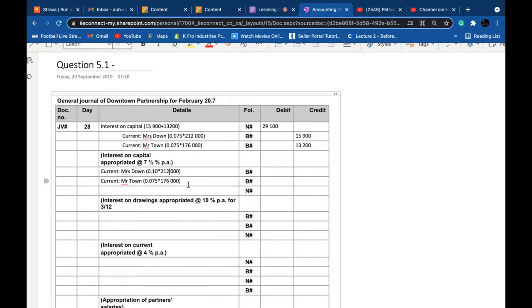And her drawings was 24,000. 10%, and his drawings were how much? His drawings was 18,000. So somebody tell me there in the chat, what amounts do we get there respectively?